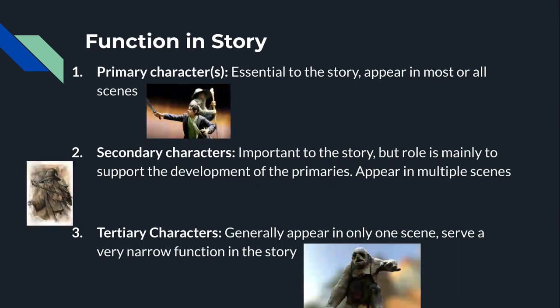An example would be from the story The Hobbit. Unsurprisingly, the primary character in that case is Bilbo Baggins, right? He's obviously the primary character of the story, the focus of the story. And sometimes the story will be named after the main character, like The Hobbit refers to Bilbo the Hobbit.